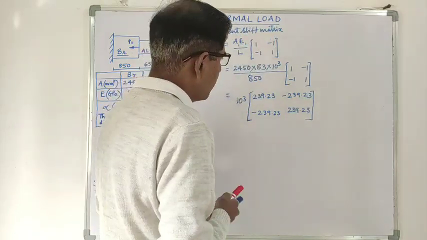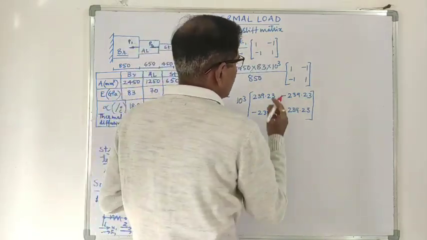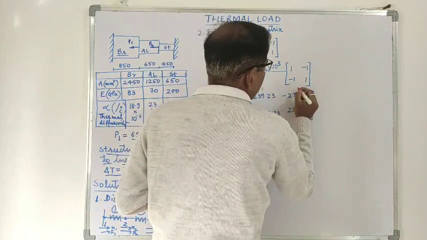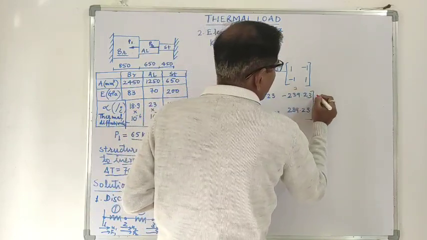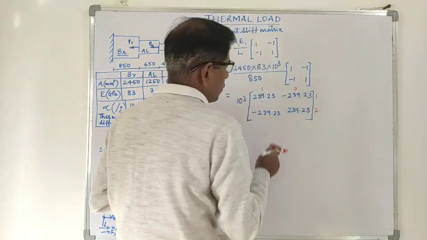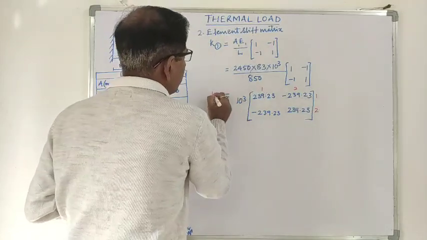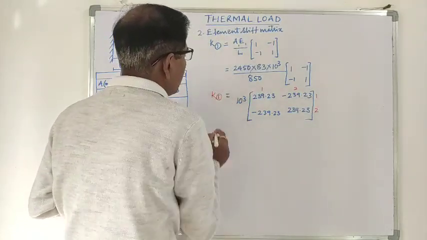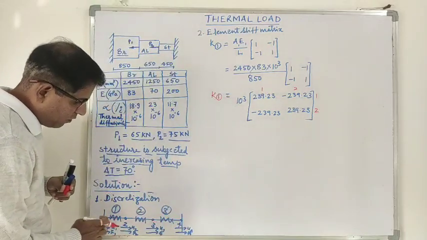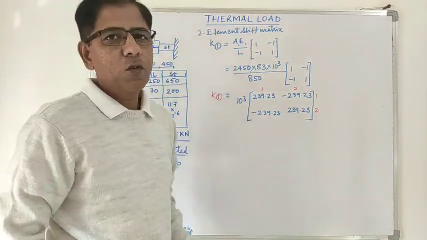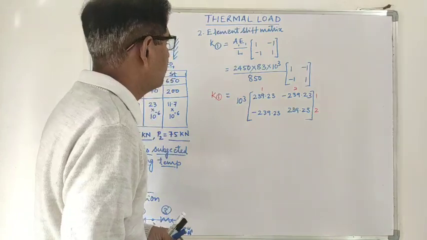We give the row number and column number to this: row number 1, row number 2, column number 1, column number 2. Since element number 1 is made of node number 1 and 2, we give the row and column numbers as 1 2 1 2.